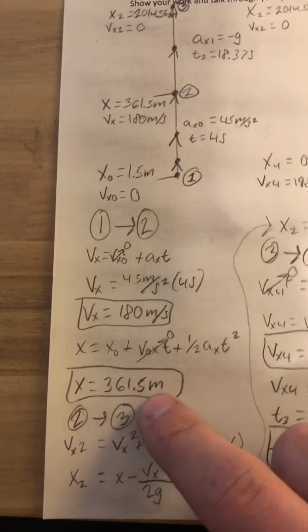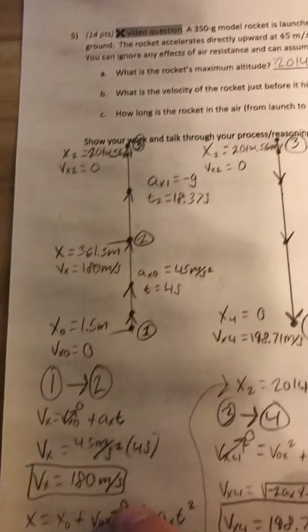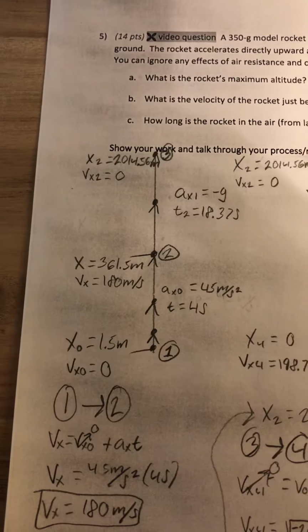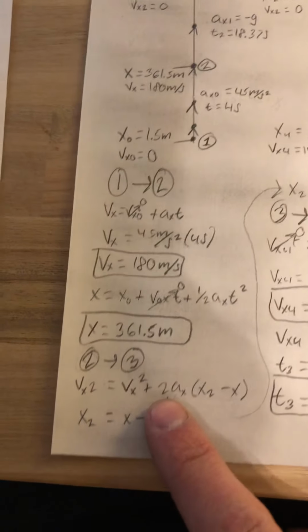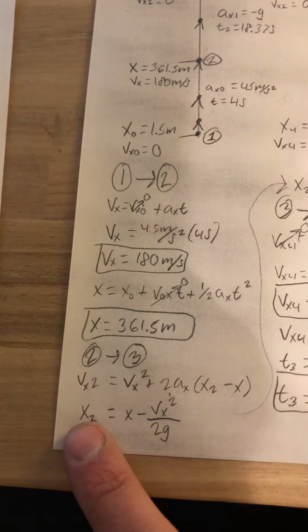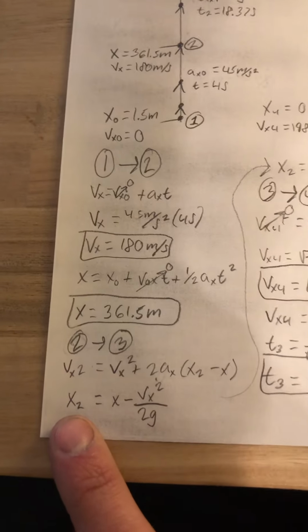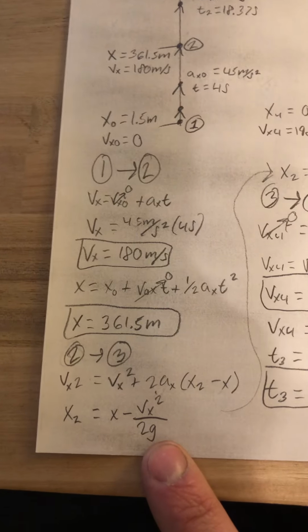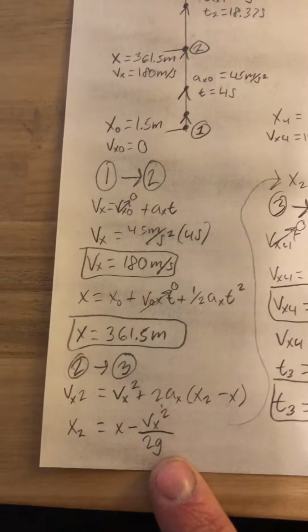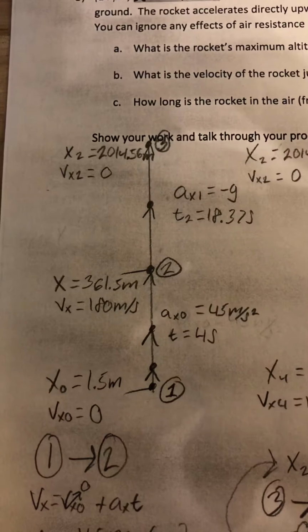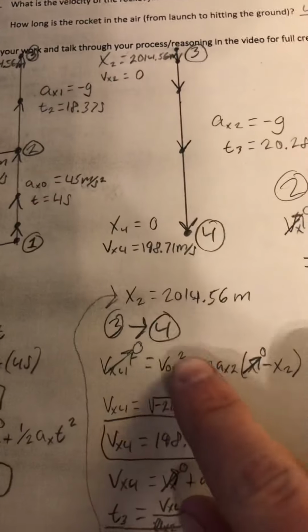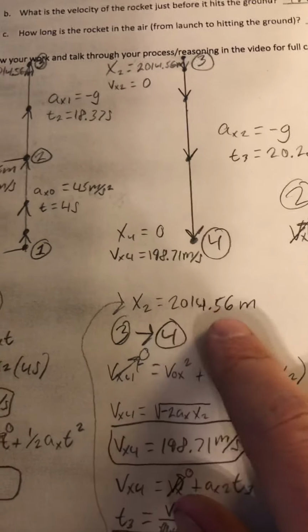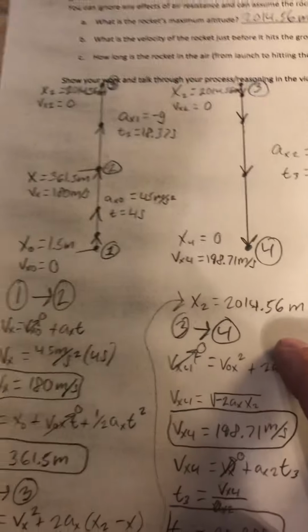Now that we have x and v of x, we can solve for max height. So you use that equation, just solved for x sub 2, because that's what I'm looking to find. I came out with 2014.56 meters.